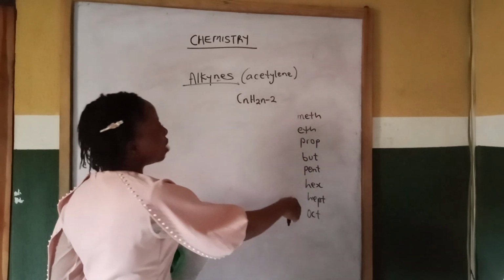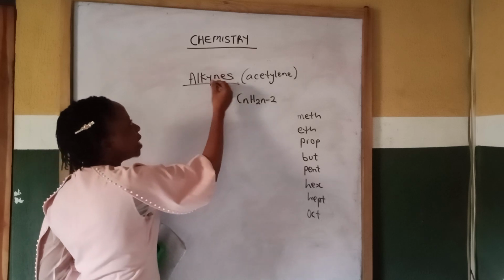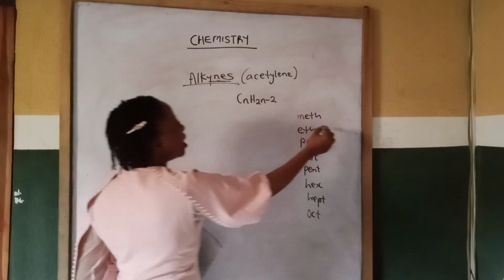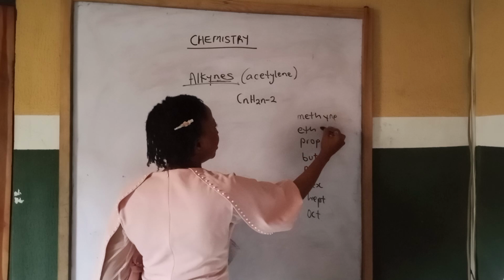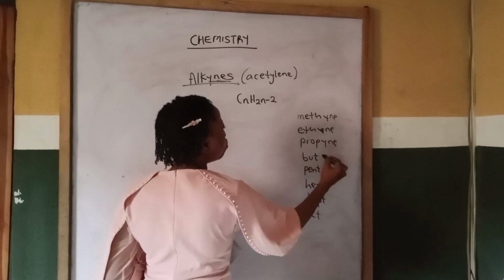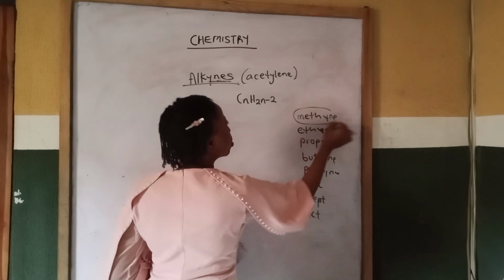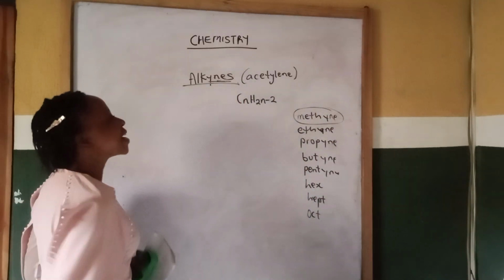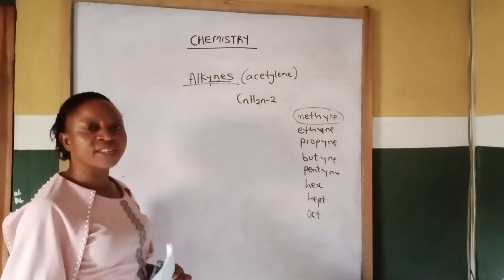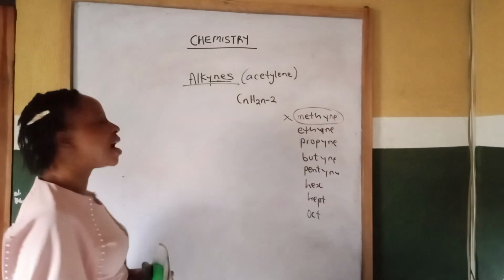So all you need to do to derive the name for an alkyne member is to add the name ending -yne: eth-yne, prop-yne, but-yne, pent-yne. But methyne does not exist under alkyne.